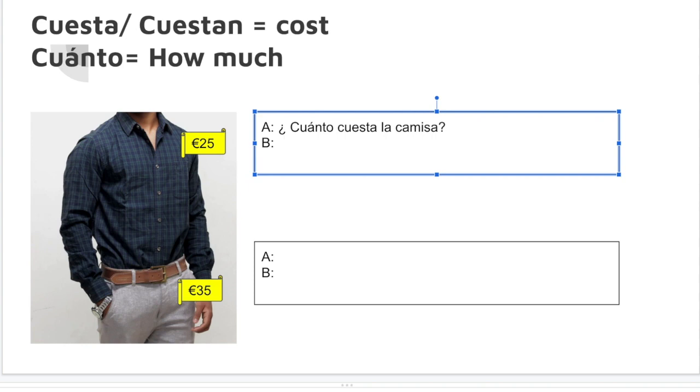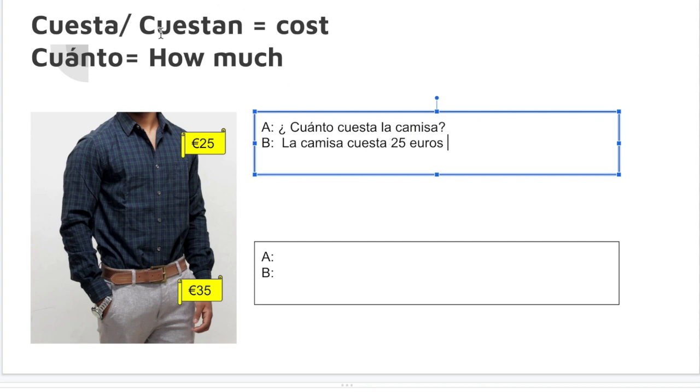So the person is going to answer, la camisa cuesta, costs, 25 euros. Okay? So this is singular, costs.